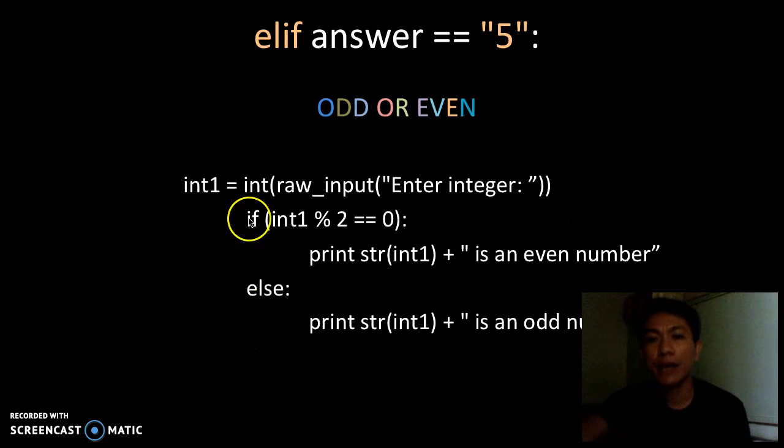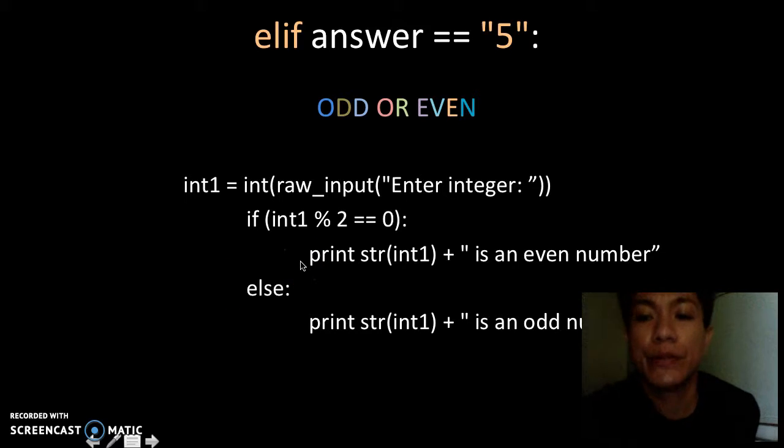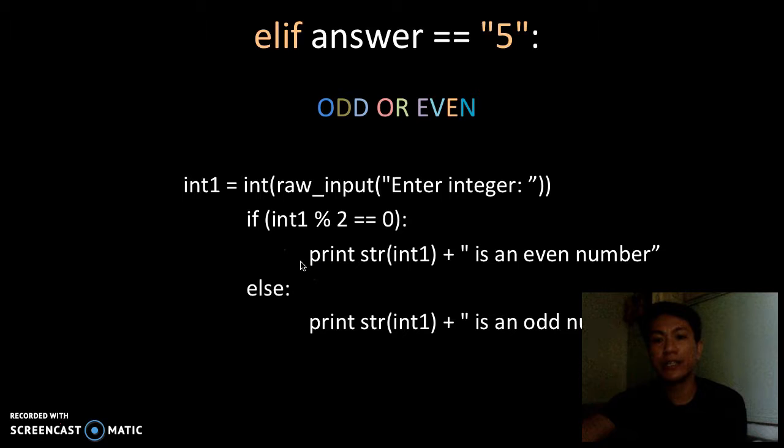elif 5 asked us to identify an integer to be odd or even. Again, this is a number that we need to identify, so there's again the presence of int outside the raw input expression. For determining odd or even, we are going to be using modulo.